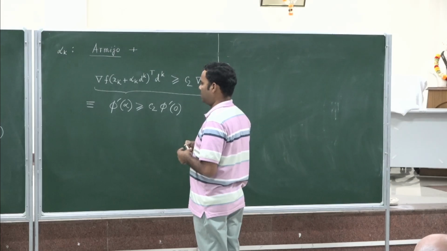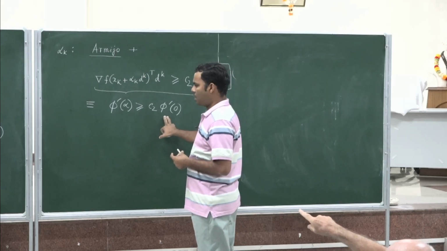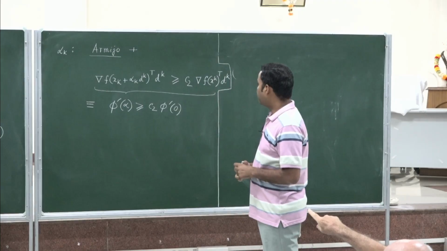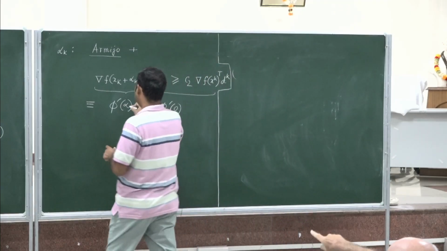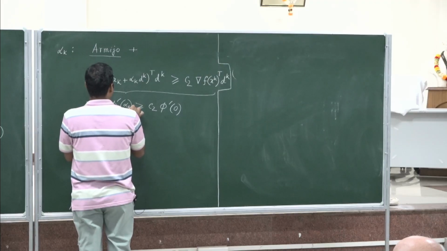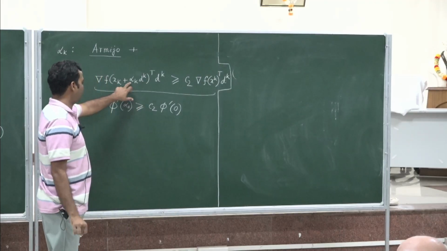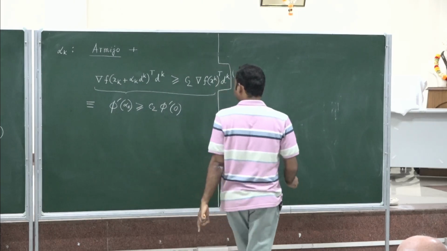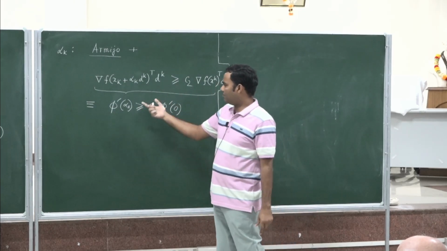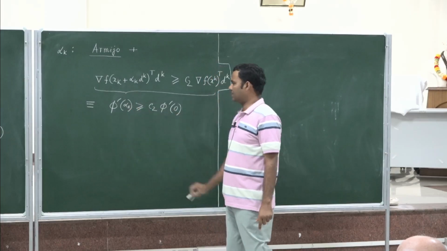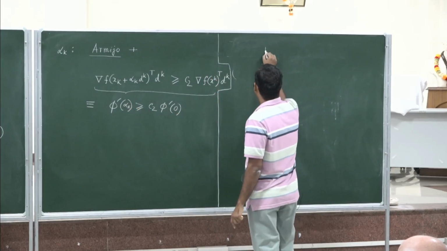With alpha k, if I write, then alpha k, yes. Okay, so let us now try to understand what this inequality says. This inequality says the following.